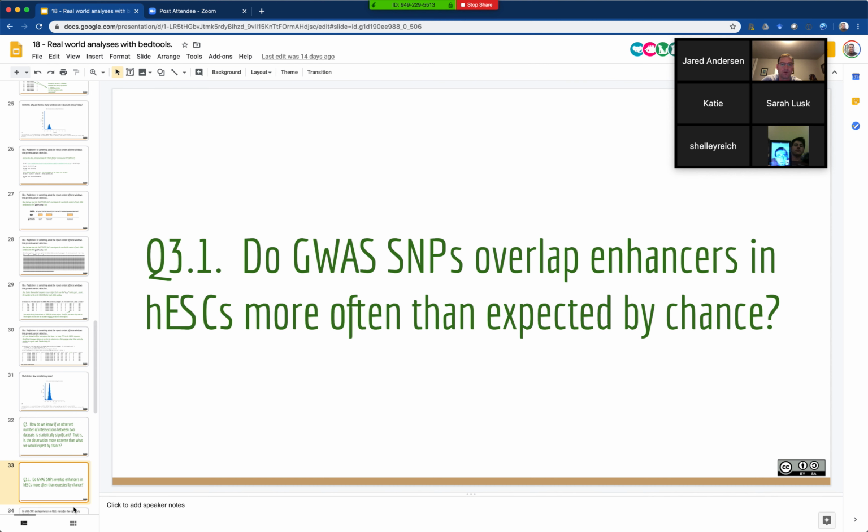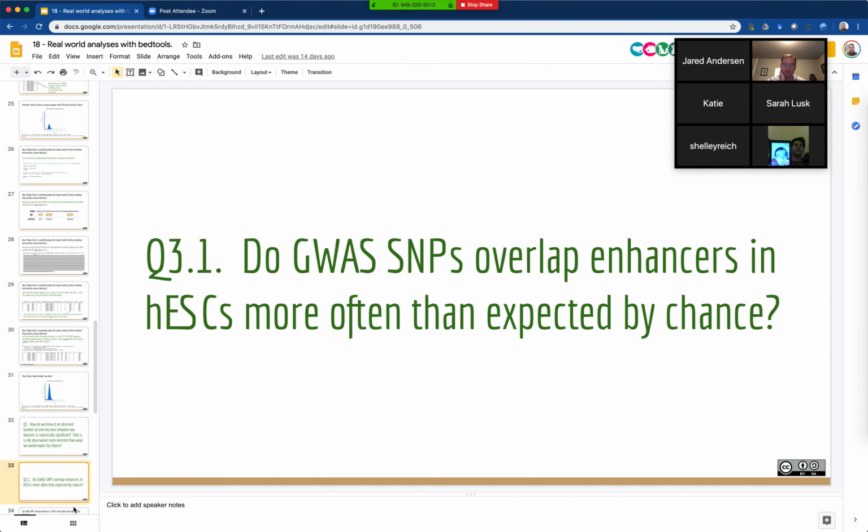But the vast majority of those SNPs that are strongly associated with those phenotypes are not actually in DNA sequence that encodes proteins. So a lot of the open question has been, well, gosh, what if they're strongly associated but they're not in protein coding genes, what's going on?